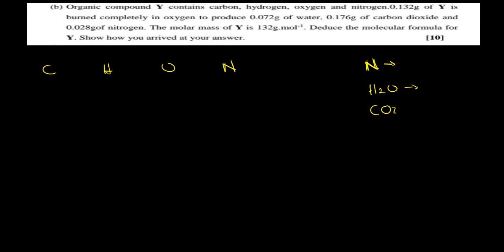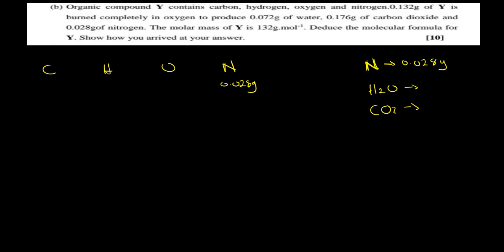Then there's also nitrogen. For nitrogen, the given mass is 0.028 grams. Then for oxygen, we don't have.